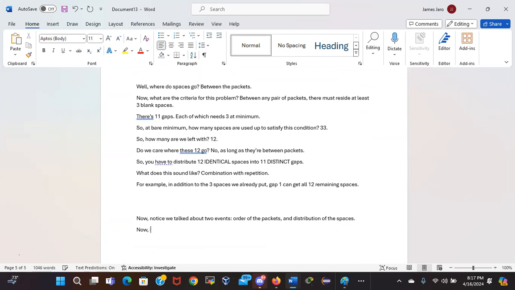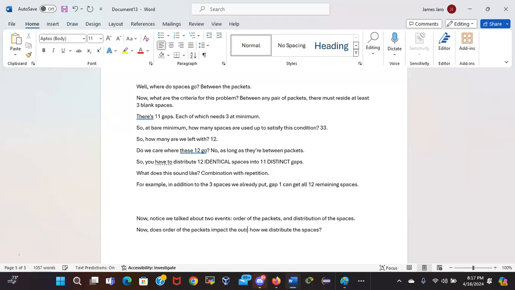Now, if we have these 2 events, let me ask you this. Does the order of the packets impact how we distribute the spaces? Does it impact the outcome?